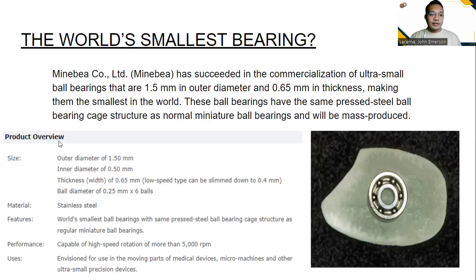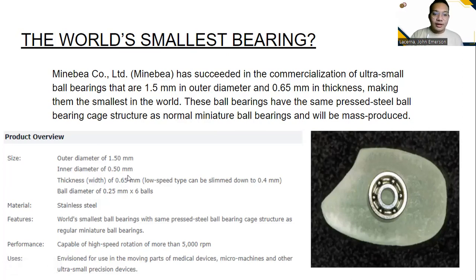So makita dito yung ating specifications itong napakaliit na bearing na to. But compared to butil ng bigas, ito siya. Comparing yung ating butil ng bigas sa ating bearing na world's smallest. Ganyan lang siya kalaki. And kasi yung size niya is sa outer diameter, 1.5 mm lang.